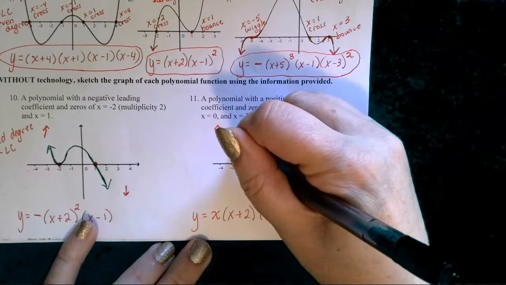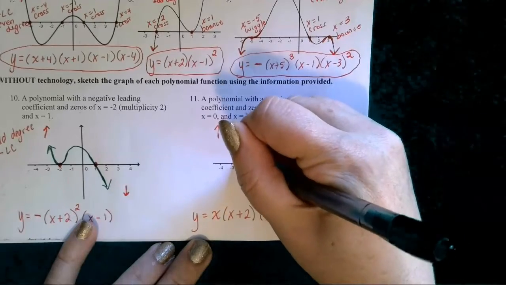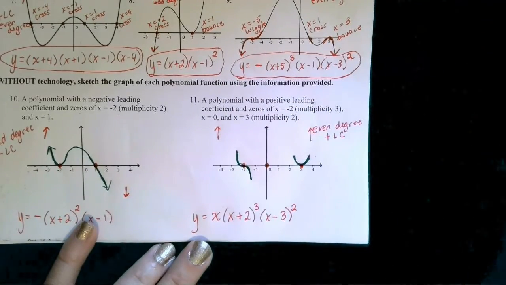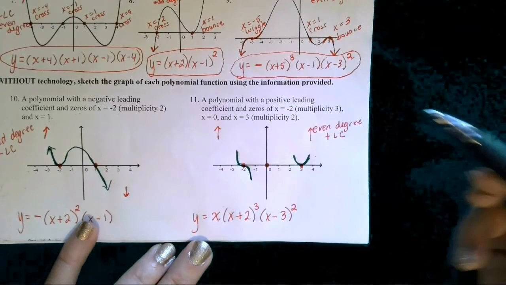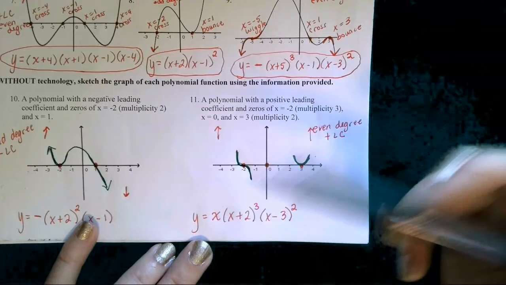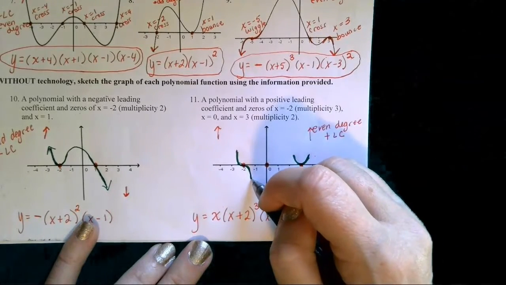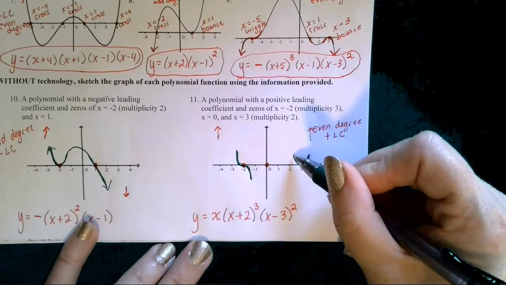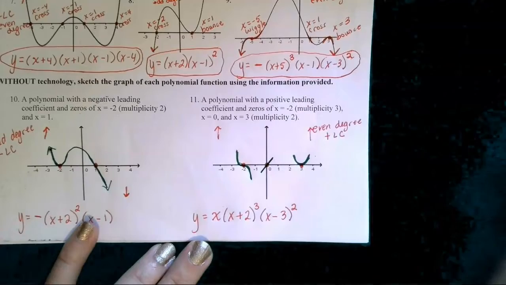So I have to start up and then head down with my wiggle here through x equals -2, because this end has to face up on the left. Then that means my cross for this factor of x equals 0, my cross has to start down, so it hooks up here, and it has to end facing up so that it hooks up over here. So the cross is going to face this direction.